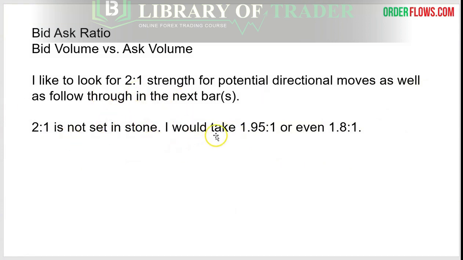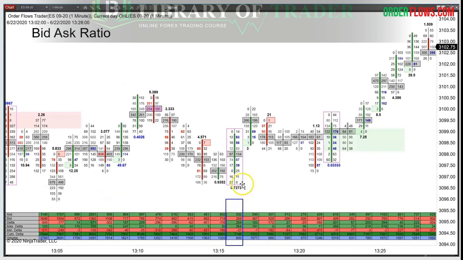That's why I started off with this. I would take 1.95, even 1.8. Okay, and you can see how the market reacted because you're coming in here at kind of a swing low and you've got twice as much aggressive buying than aggressive selling. It's almost like an imbalance of the bar. Imagine that.